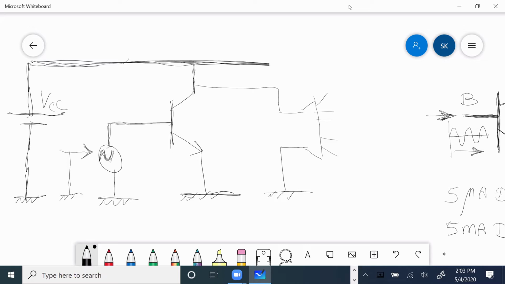If I connect this microphone direct to this loudspeaker, I won't be able to hear anything. But when I connect it through a transistor like this, I can hear. That means this has amplified the signal for me. This is an amplifier.